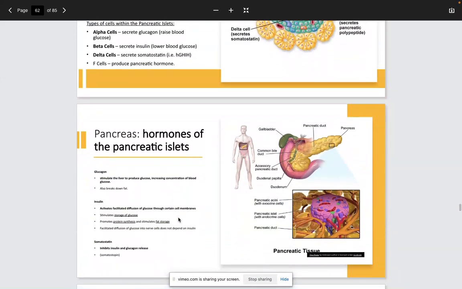Moving on, we're going to discuss the different functions of glucagon and insulin, as well as somatostatin. Glucagon is going to stimulate the liver to produce glucose. Therefore, it's going to increase the concentration of blood glucose. This is the hormone that acts within the fasting state.